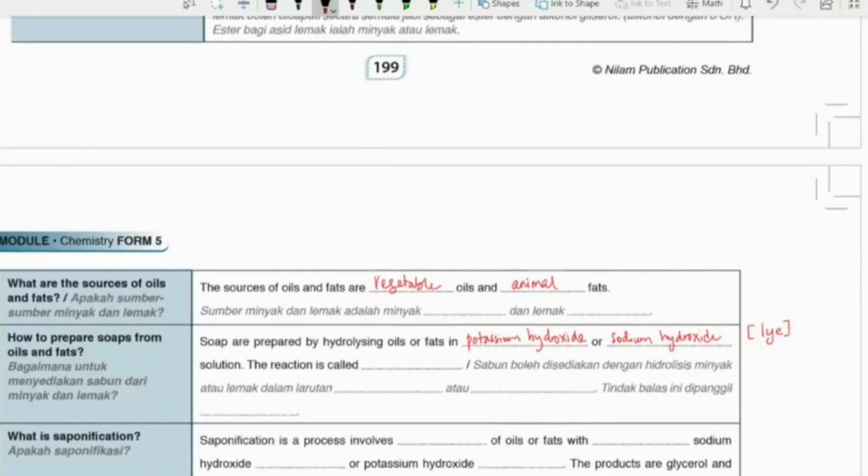So this reaction is called saponification. This is a new term for you, saponification, the process to produce a soap.